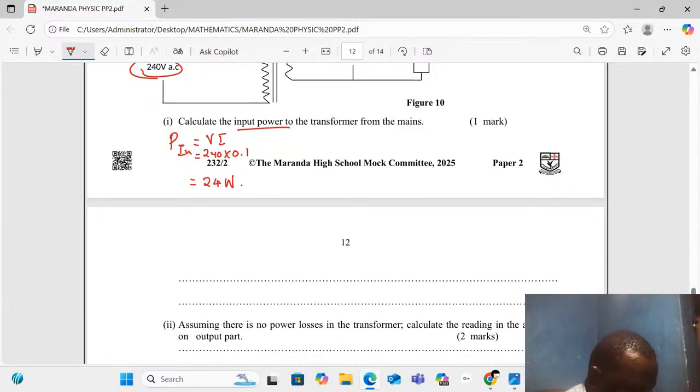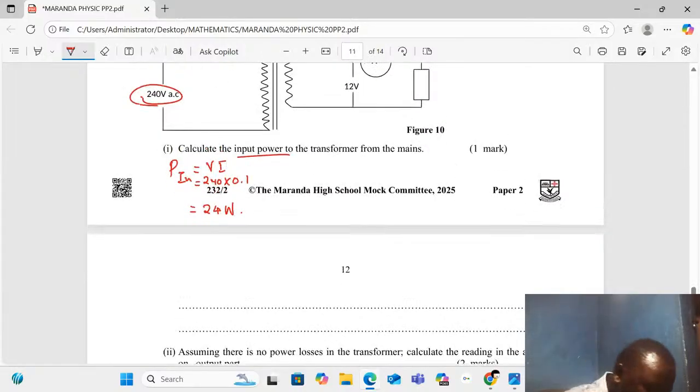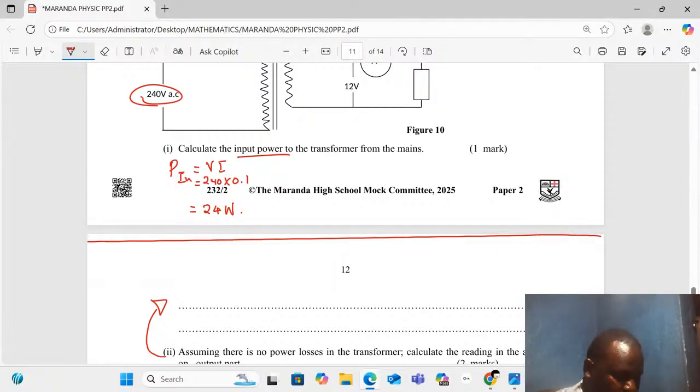The second part: assuming there is no power loss in the transformer, calculate the reading on the output part. So allow me to bring this working here. Assuming there is no power loss, then the power input will be the same as the power output.